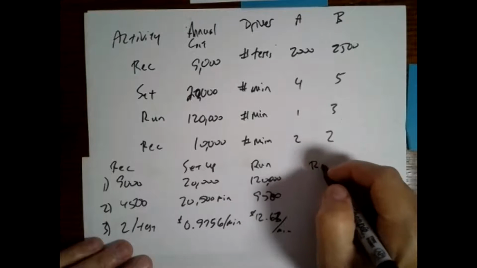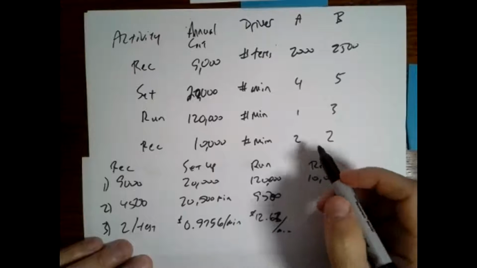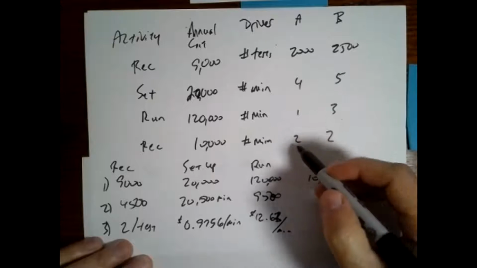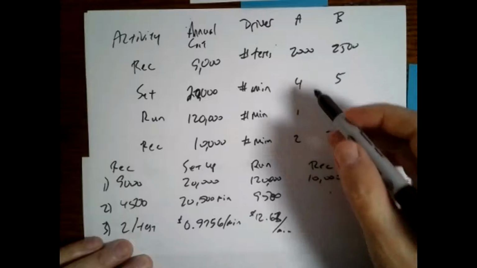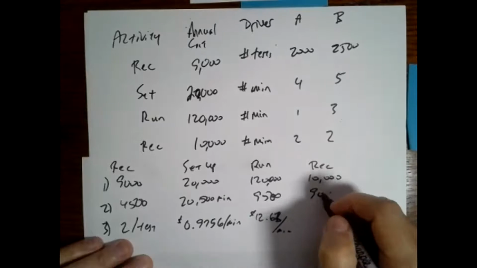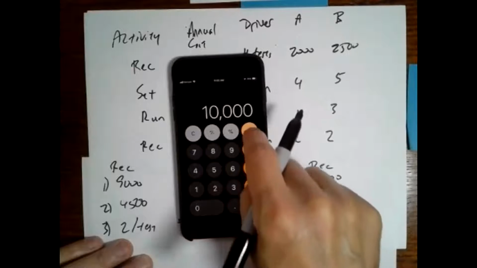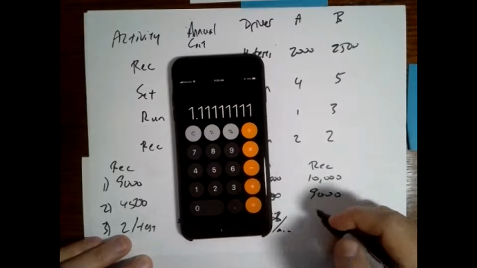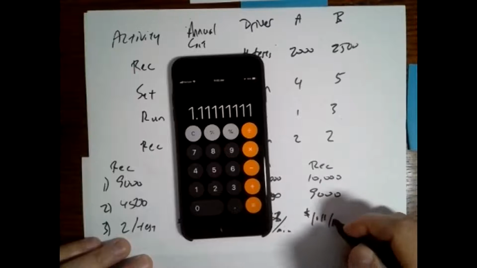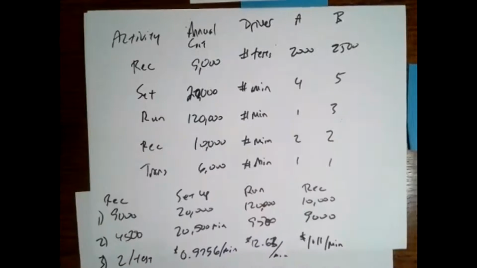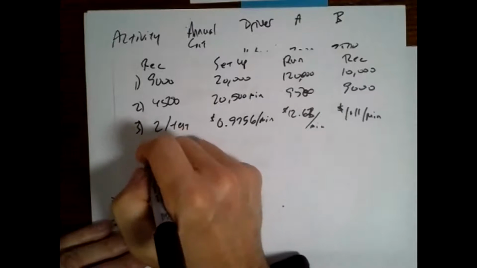For record, recording is $10,000. It is 2 minutes per test, so we have 2 times 2,500 is 5,000, and 2 times 2,000 is 4,000, so that's 9,000 minutes. So 10,000 divided by 9,000 gives us $1.11 per minute.